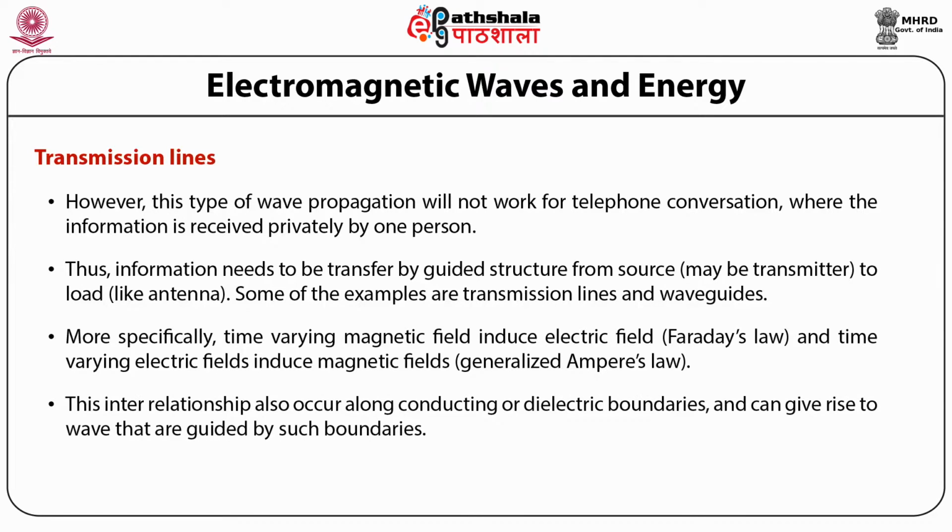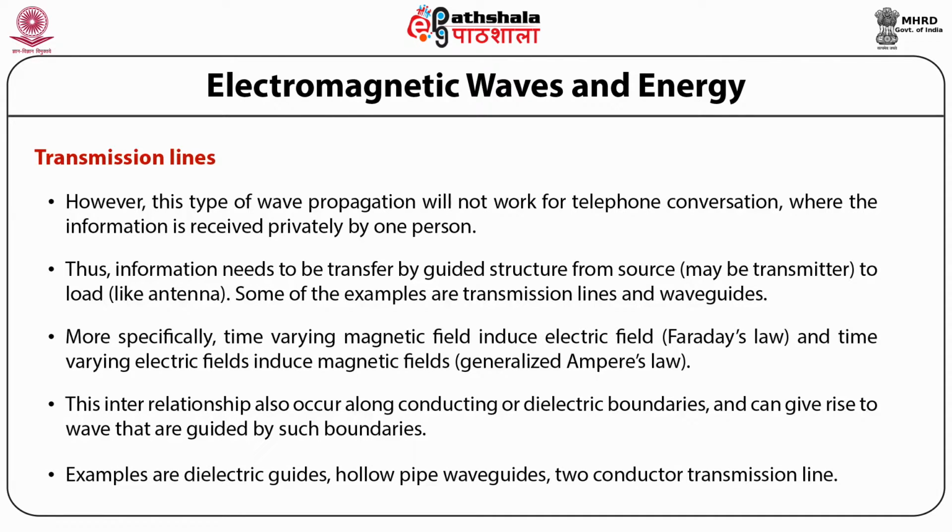This interrelationship also occurs along conducting or dielectric boundaries and can give rise to waves that are guided by such boundaries. These waves are important in guiding the electromagnetic energy from the source to the load. So examples are dielectric guides, hollow pipe waveguides, two-conductor transmission lines.